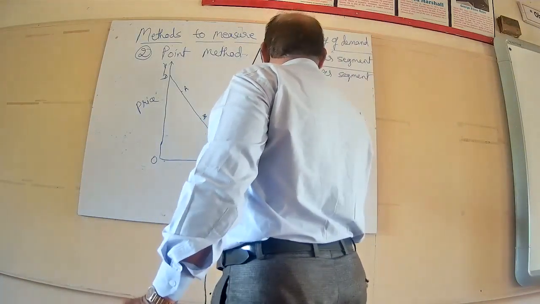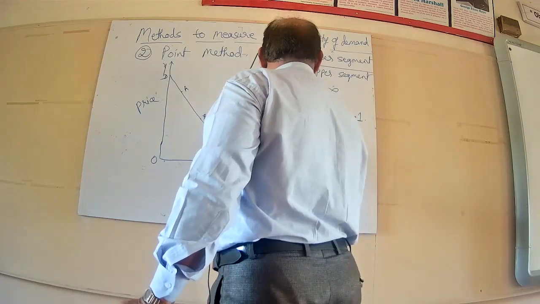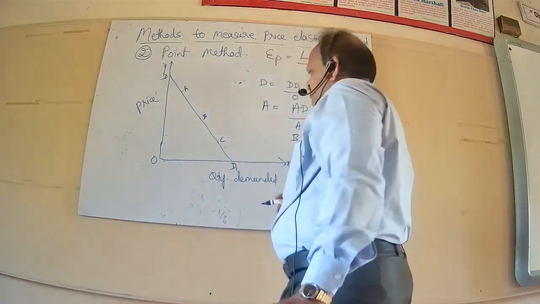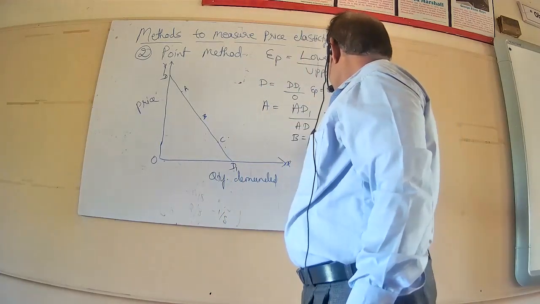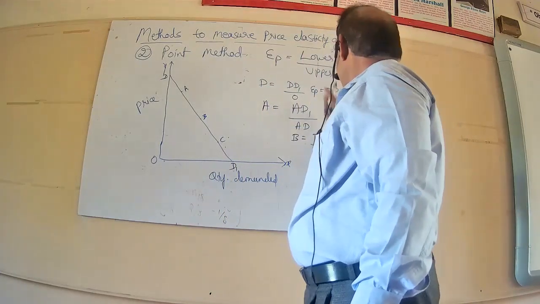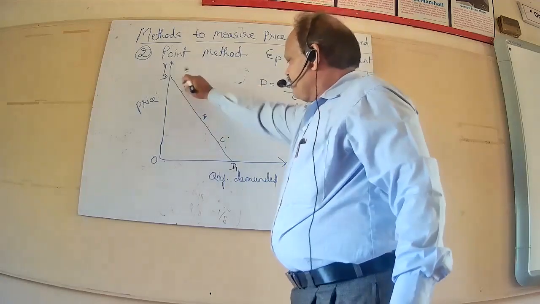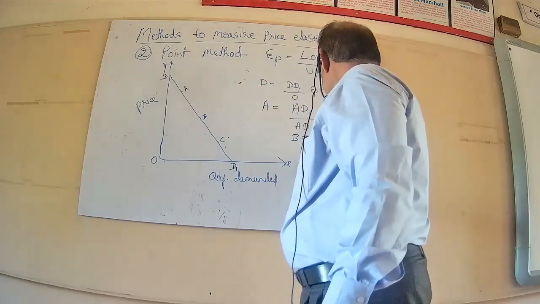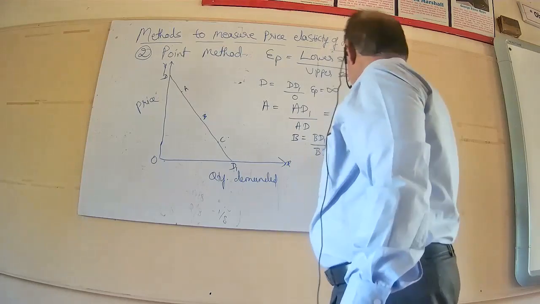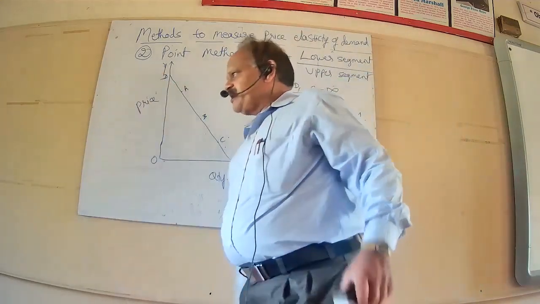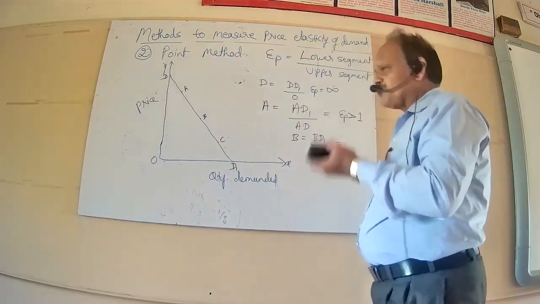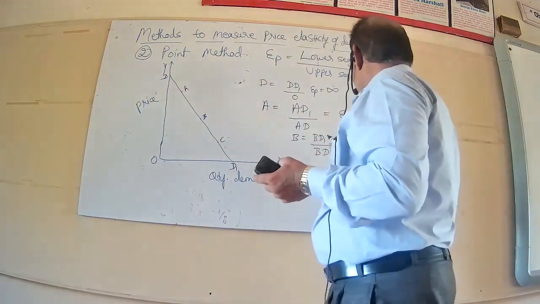Then at point B, elasticity at point B, lower segment is BD1 divided by upper segment BD. Here, both the portions are equal. Therefore, 8 divided by 8 or 4 divided by 4, you will get the value as 1.